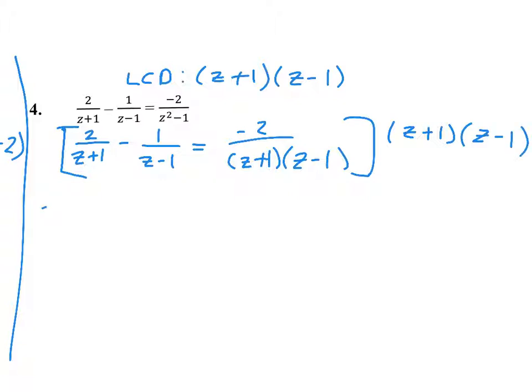We're left with 2 times z minus 1. Second fraction, don't forget the negative. Z minus 1 cancels out. We're left with negative 1 times z plus 1. And in the last fraction, they both cancel out, and we're left with negative 2.